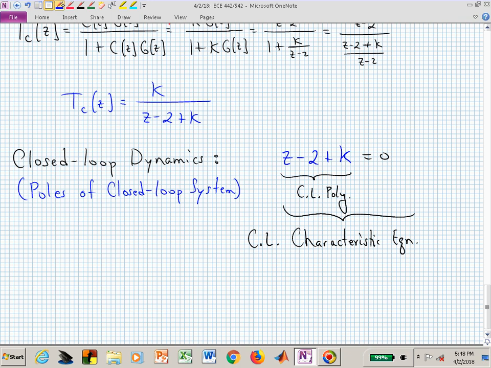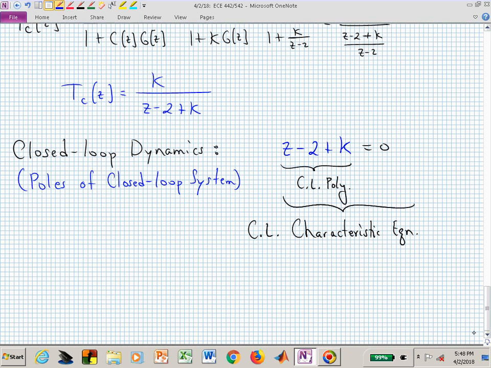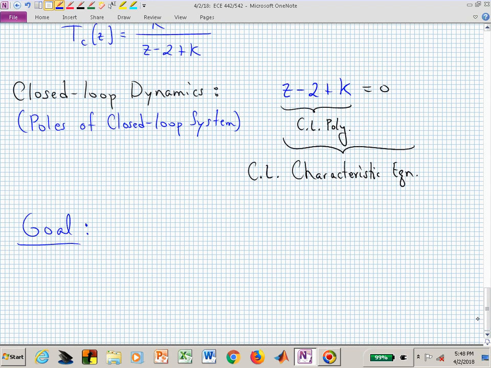What's one goal that we might have if this is now the controlled system? We now can select K. How would we maybe want to select K? What's our goal, or what is one goal that we might have? So now K is our adjustable parameter. We can make it whatever we want, right? And what do we want?